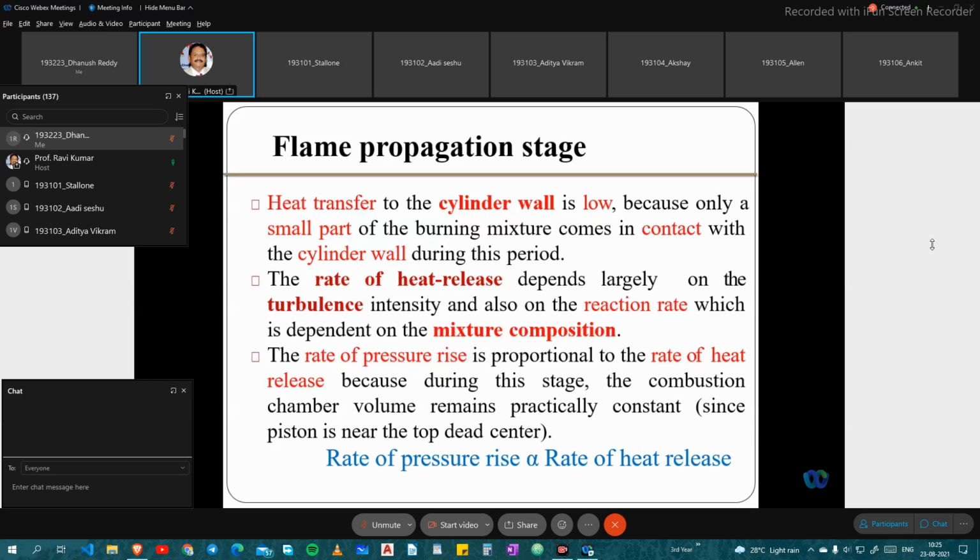The rate of heat release depends largely on the turbulence intensity and also the reaction rate, which is dependent on the mixture composition. How the mixture composition will be: lean mixture, rich mixture, or stoichiometric air-fuel mixture. In a four-stroke petrol engine, the stoichiometric air-fuel ratio will be sent to the engine in the same quantity. Whenever you want, you can operate it with a choke to send a richer mixture.